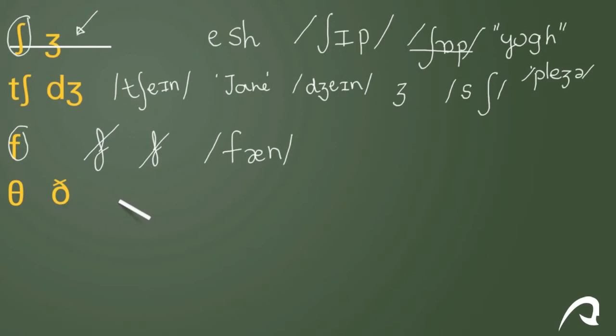So if we want to transcribe a word like think, yes, this word, think, you try, I'm just about doing it for you. Here we go. It should look like this, think.